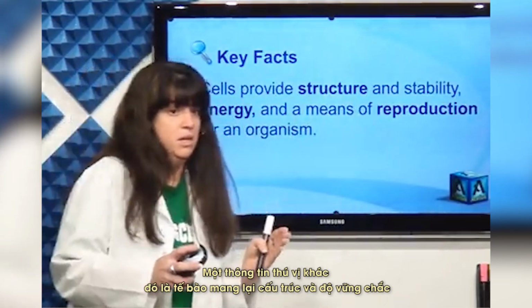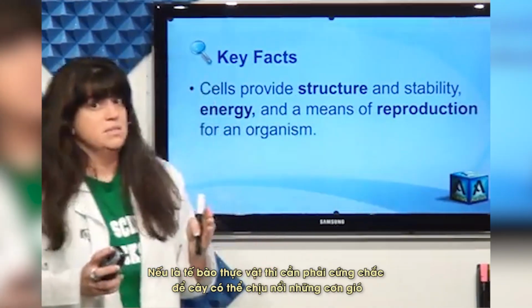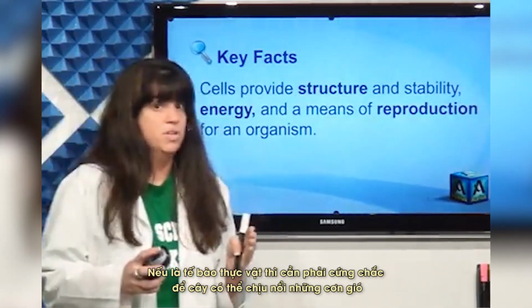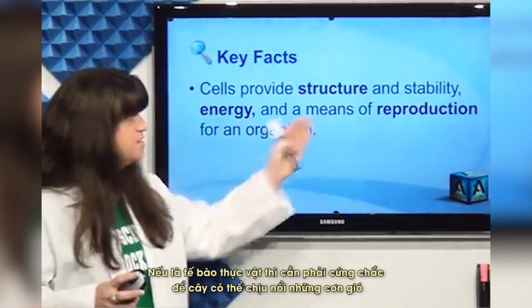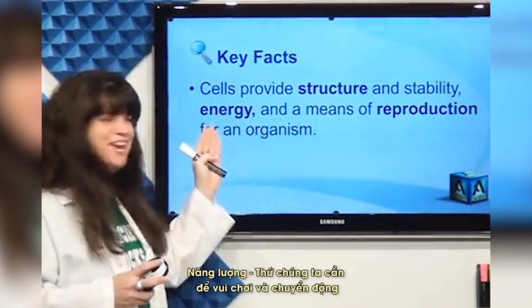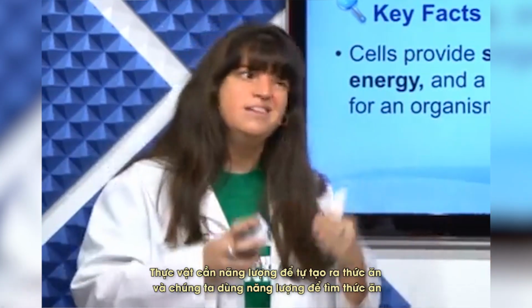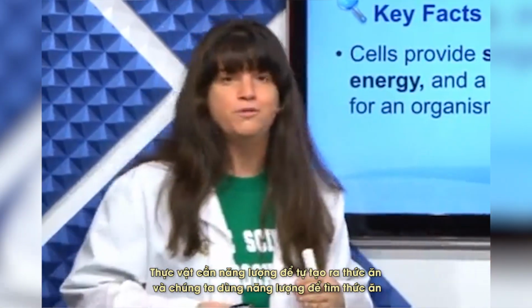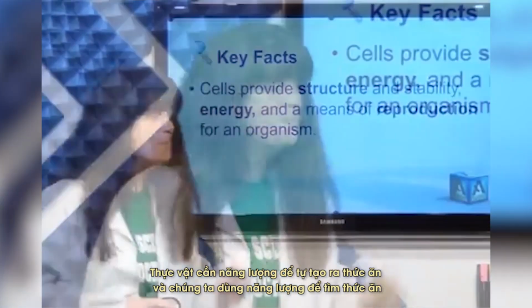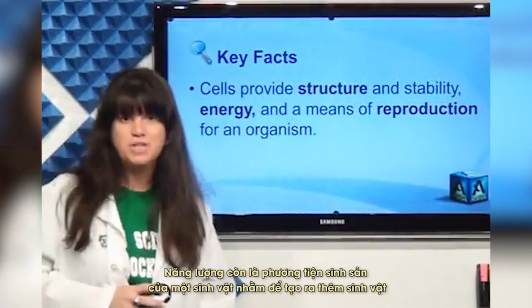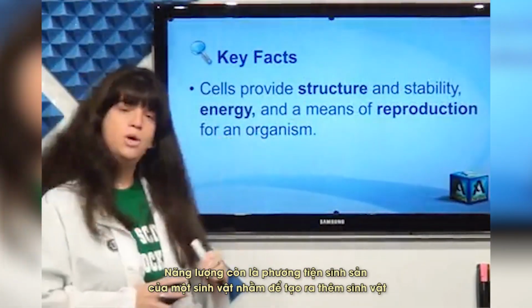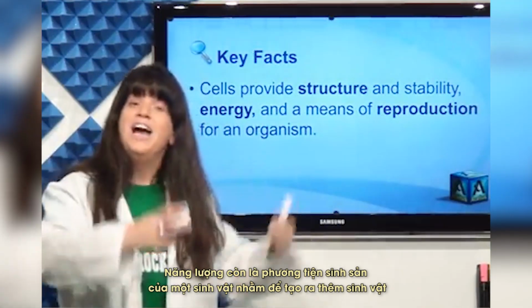And stability. Okay, because if it's a plant cell, it needs to be stable because when the winds blow, it needs to have stability. Energy, oh yeah, that's where we get our pop and our fun and our movement and the ability for plants to make their own food and for us to actually go get food. And the means of reproduction for an organism so we can continue on having more species.